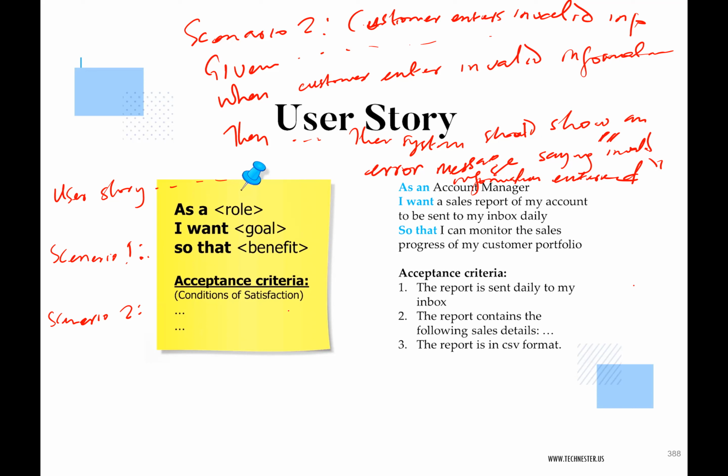So two different scenarios. In some cases, you may have multiple scenarios. And so it's on you to be thinking through this with the product owner. You are working with the product owner to think through how this thing will work. Okay, if this happens, then this should happen as a result.